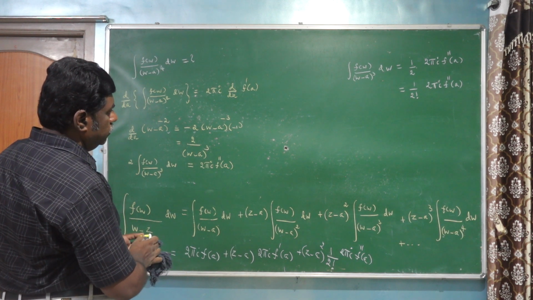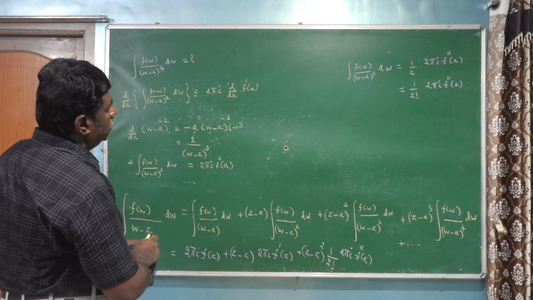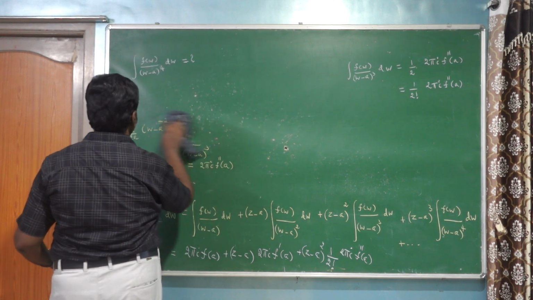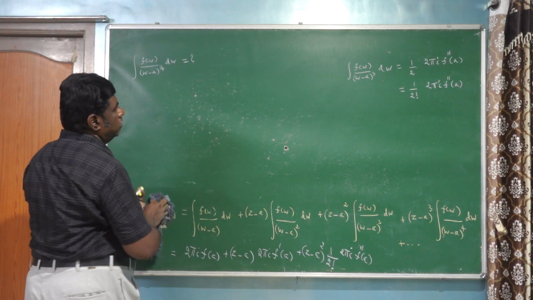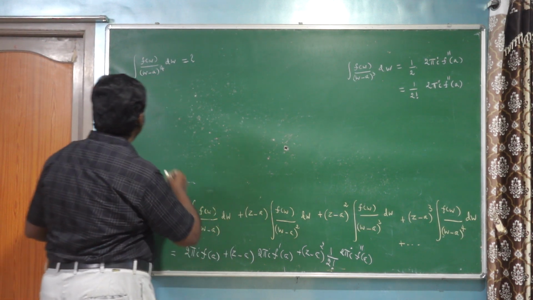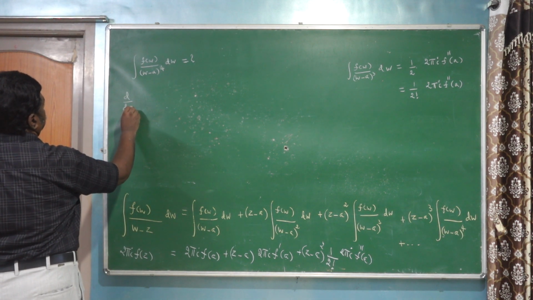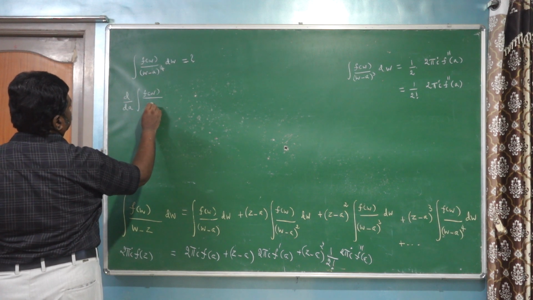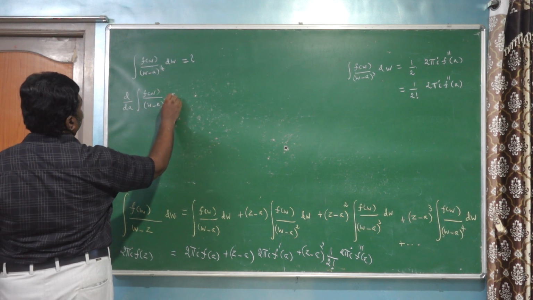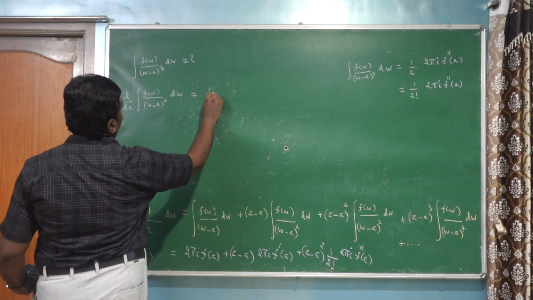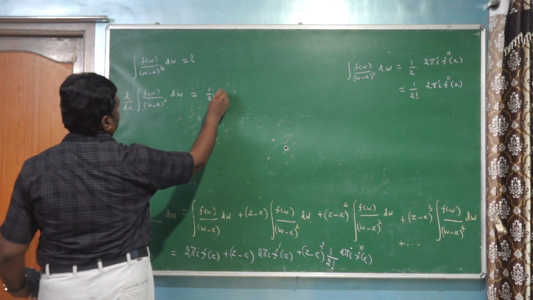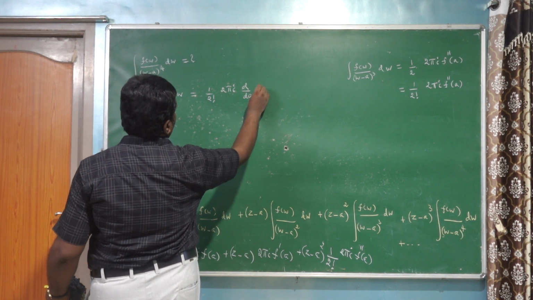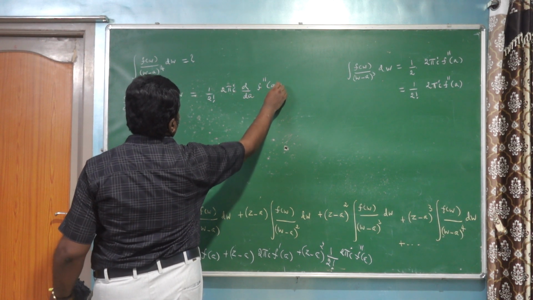For that we have to differentiate, not integrate, this term. d by da of the integral of f of w divided by (w minus a) whole cube dw is equal to 1 by 2 factorial 2 pi i d by da of f double dash of a.